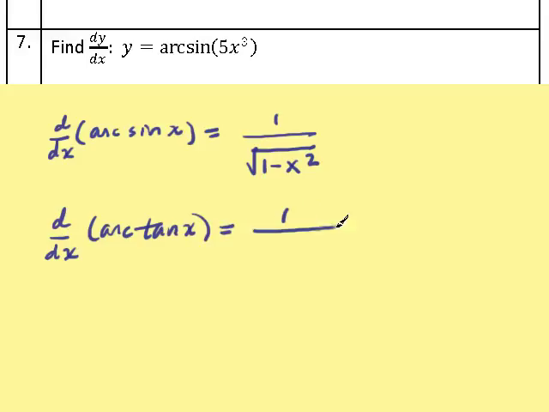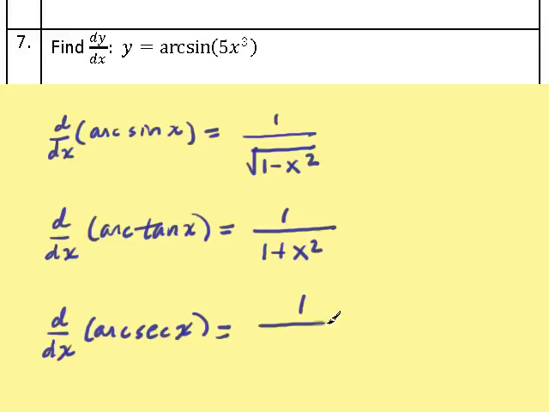That's equal to 1 over 1 plus x squared. And now the derivative of arcsecant, that's equal to 1 over the square root of x squared minus 1, and on the outside we have the absolute value of x. So the derivatives that we're going to be doing will be based on these three derivatives.